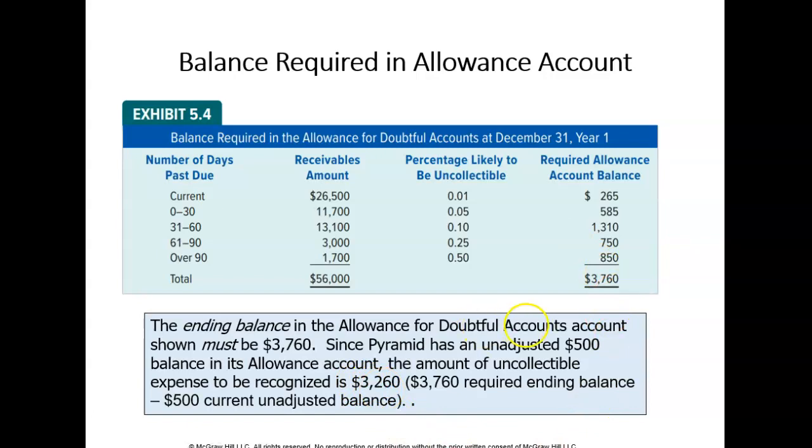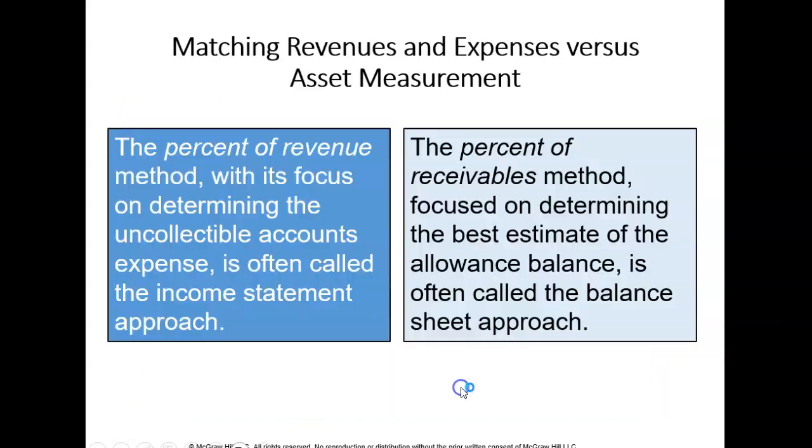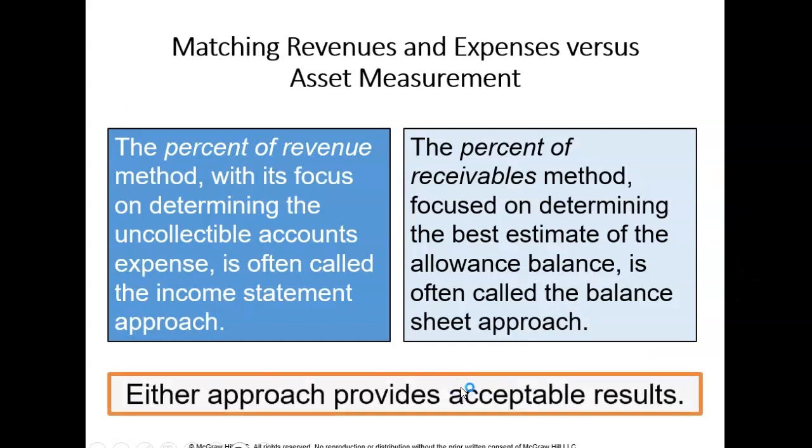So again, the 3,760 is the desired ending balance in the allowance for doubtful accounts. The account has a balance already of 500, so the difference of 3,260 is recognized as your uncollectible account expense.